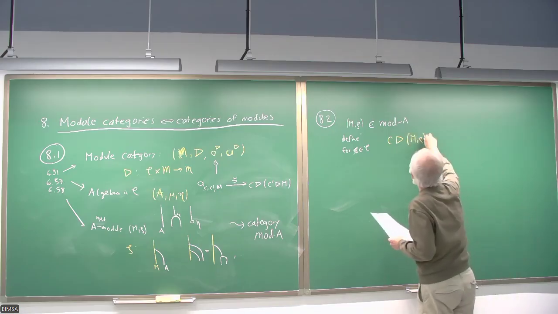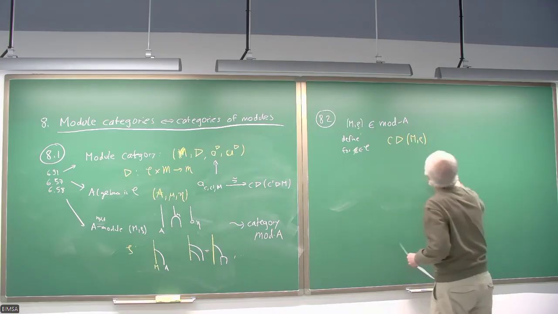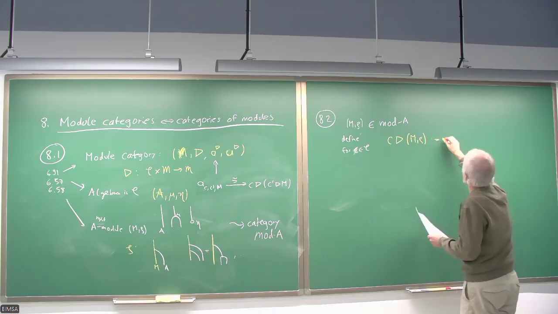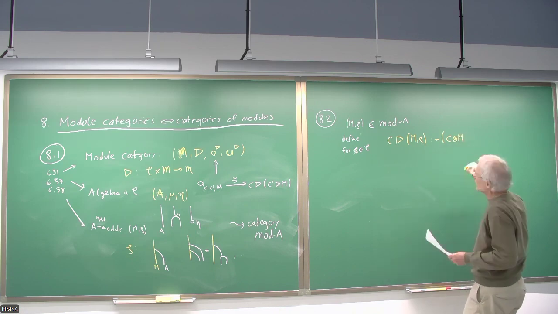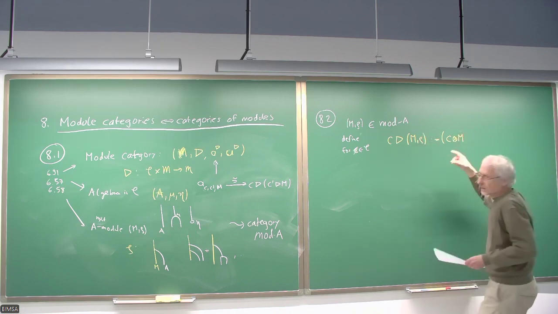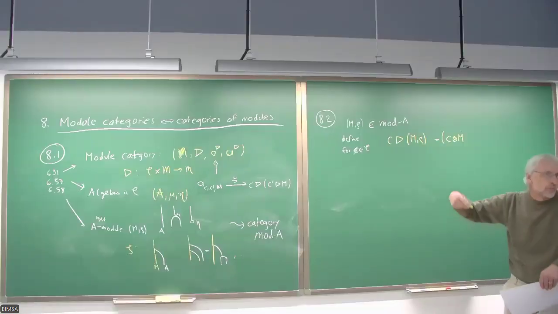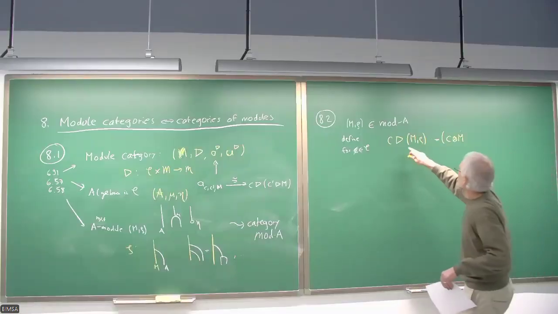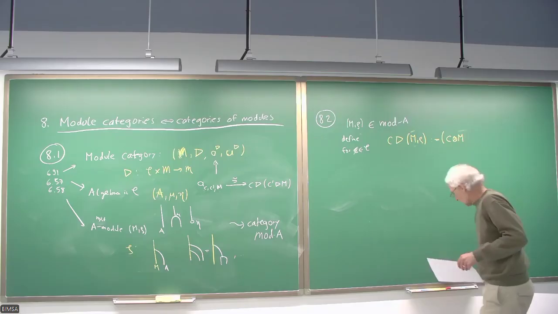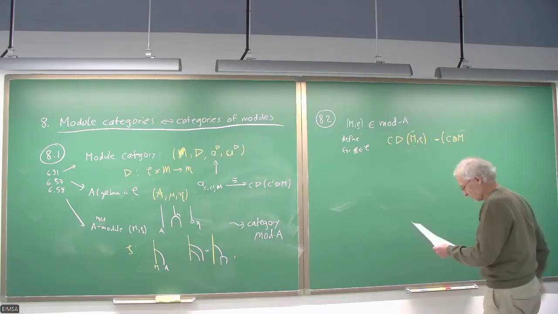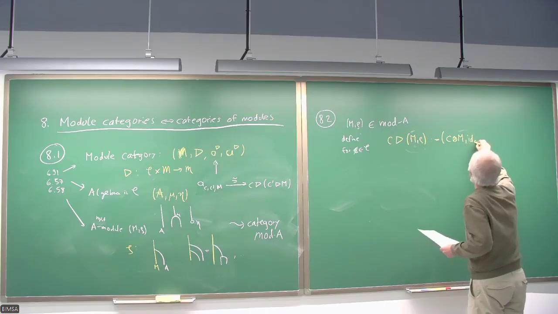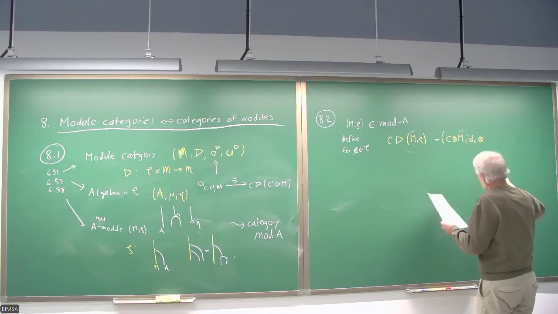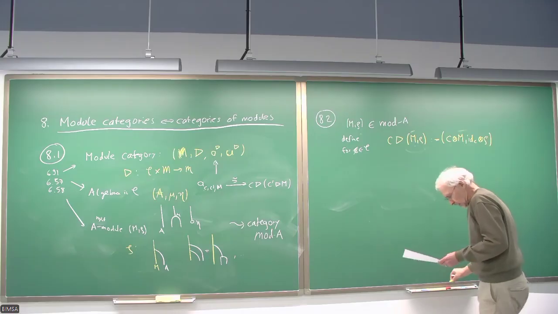C acting on M rho is given by, as the underlying object, the tensor product of C with M, to be precise. The object underlying M, well, if I write it like that, will be M, but we use M also for this pair, and then just the identity on C tensor with rho.